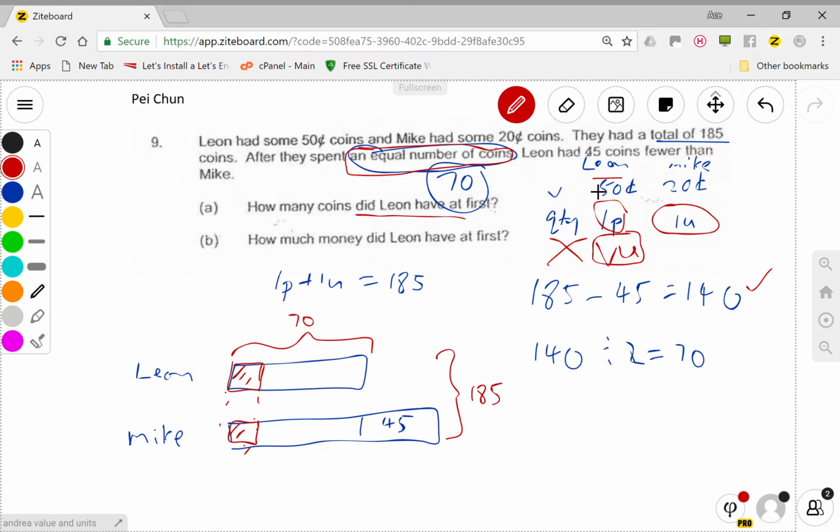Because Leon only has 50 cent. Everything is 50 cent, so you just take 70 times 50 cent, which is $35, half of 70.